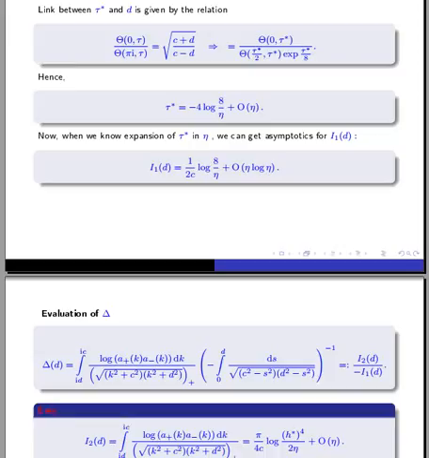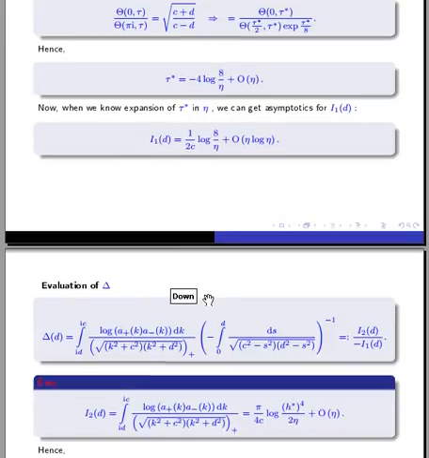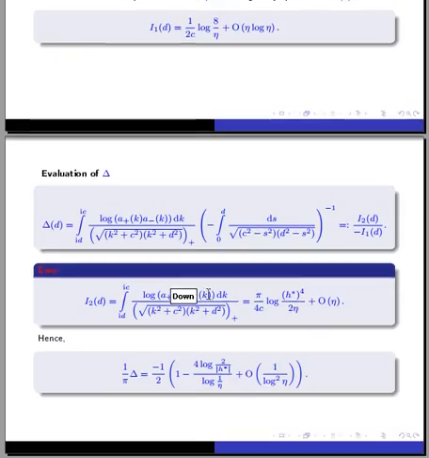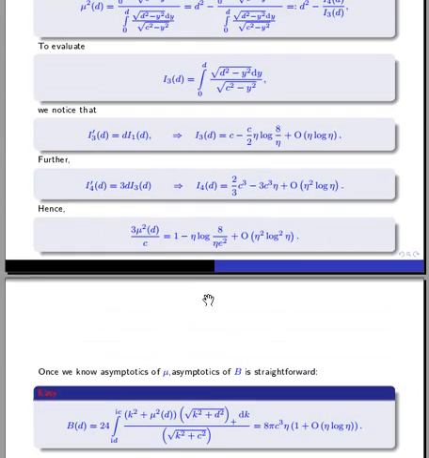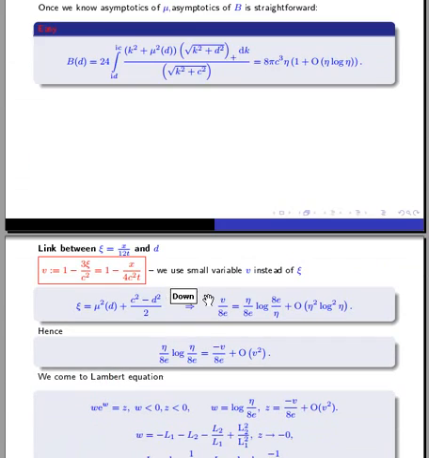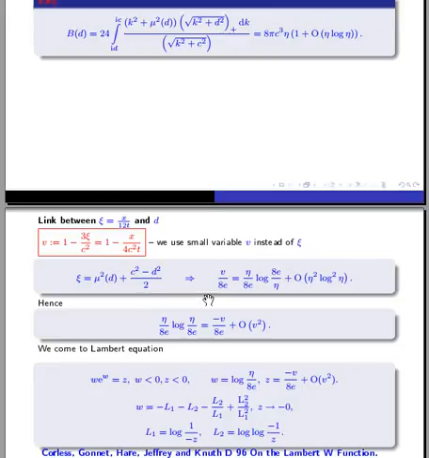It is growing and can be expressed in terms of this logarithm. Then we calculate a number of other integrals in the following way, and find the asymptotics of this argument in terms of the parameter d.